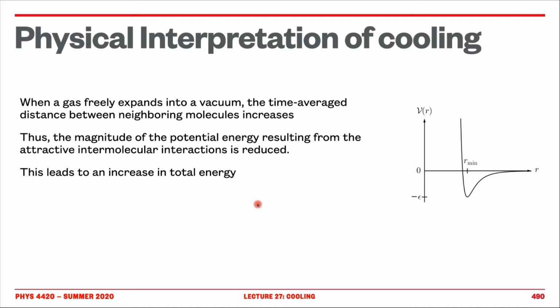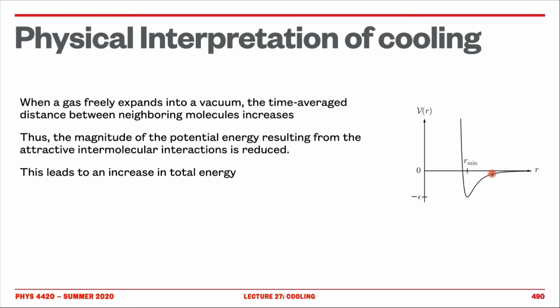Now, when you increase the volume, the attractive part of the potential is less negative. So basically, it's like you started from here and you end up this way because you increase the average distance between the molecules.